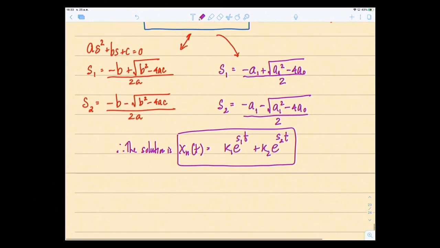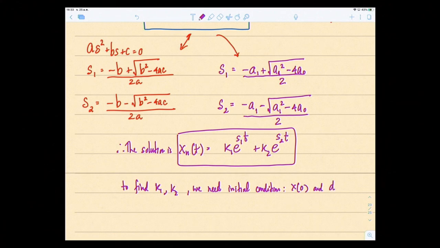And of course, to find k1 and k2, we need two initial conditions, that is x at 0 and dx dt at 0, and I will show you how to do that later.